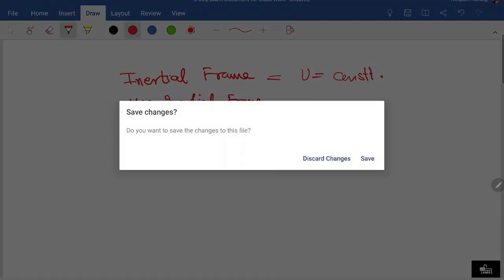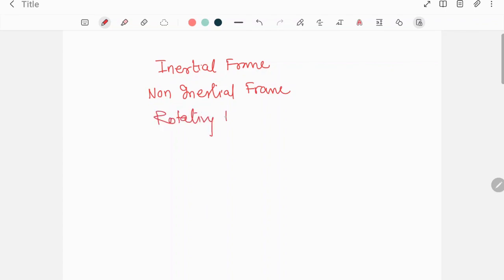So what I was talking about, the inertial frame, then you talk about the non-inertial frame, and the third one is the rotating frame. What is the inertial frame?